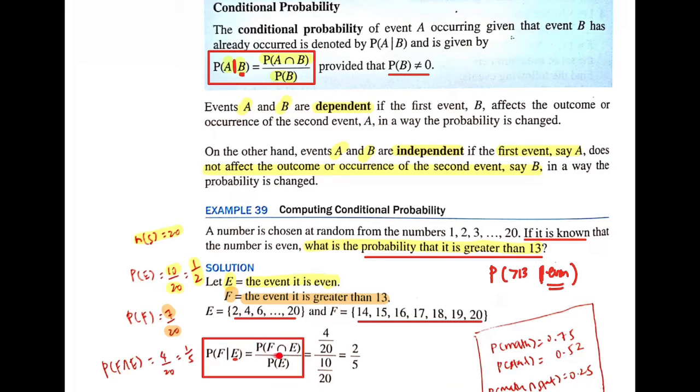Let's now find the probability of F intersect E. This is an even number, and this is a number more than 13. So which numbers are more than 13 and even? 14, 16, 18, 20, we have 4 numbers here.